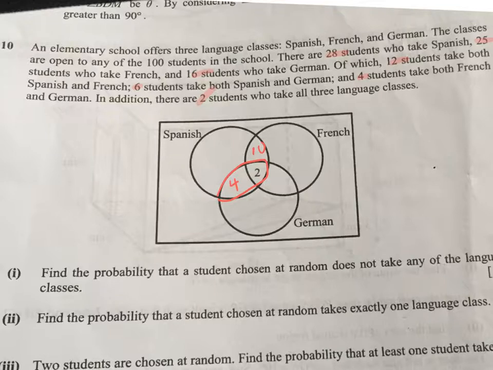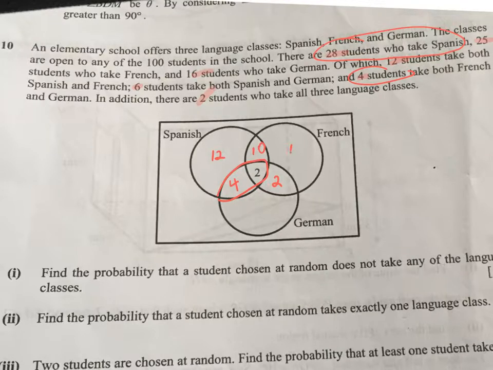Okay, there are 4 students who take both French and German. So if this is a totality of 4 and 2 students are here, 4 minus 2, there should be 2 over here. Now if there are a total of 28 students who take Spanish, 28 minus 10 minus 2 minus 4, you can see that I'm left with a remainder of 12 here.